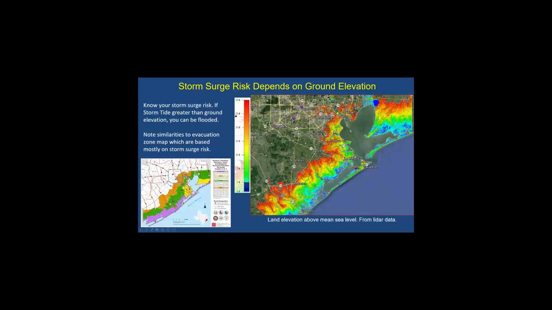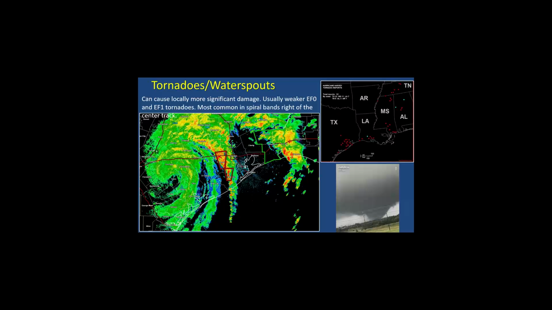And so for a surge with Ike on the order of 10 to 13 feet, you'd expect all these areas in green to have seen some flooding. And sure enough, that's pretty much what happened.